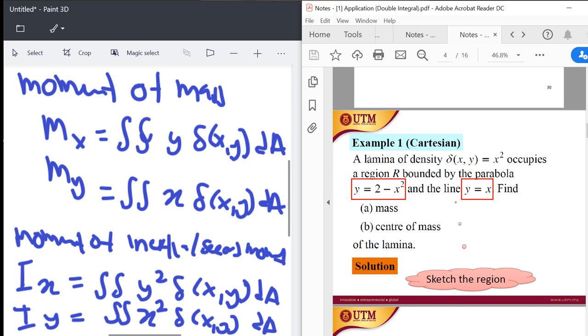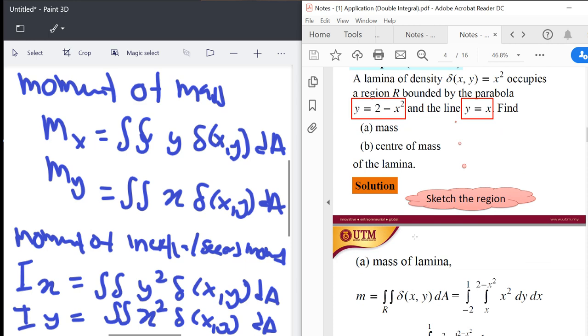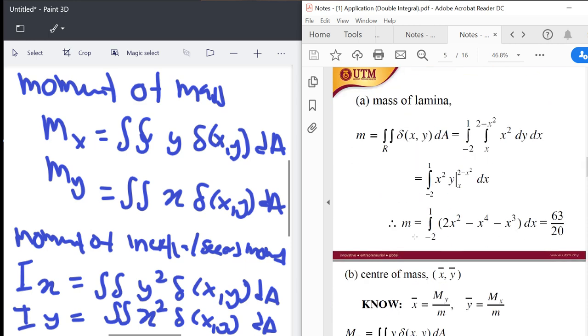Which one represents the moment of mass, center of mass of the given lamina, of the given surface? The final question will ask you, focusing on application of double or triple integral. You can take a look at the question that I attached in this slide.